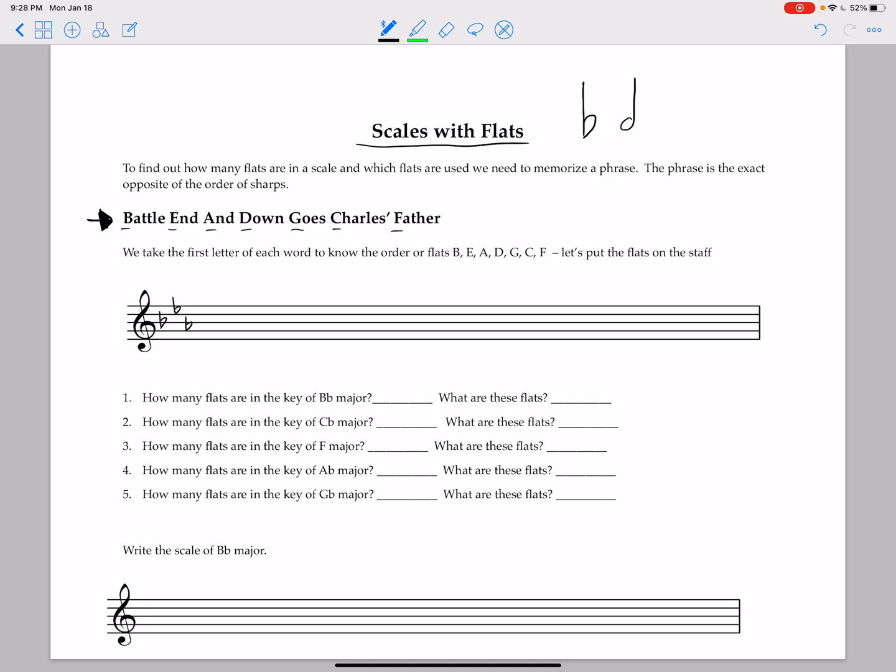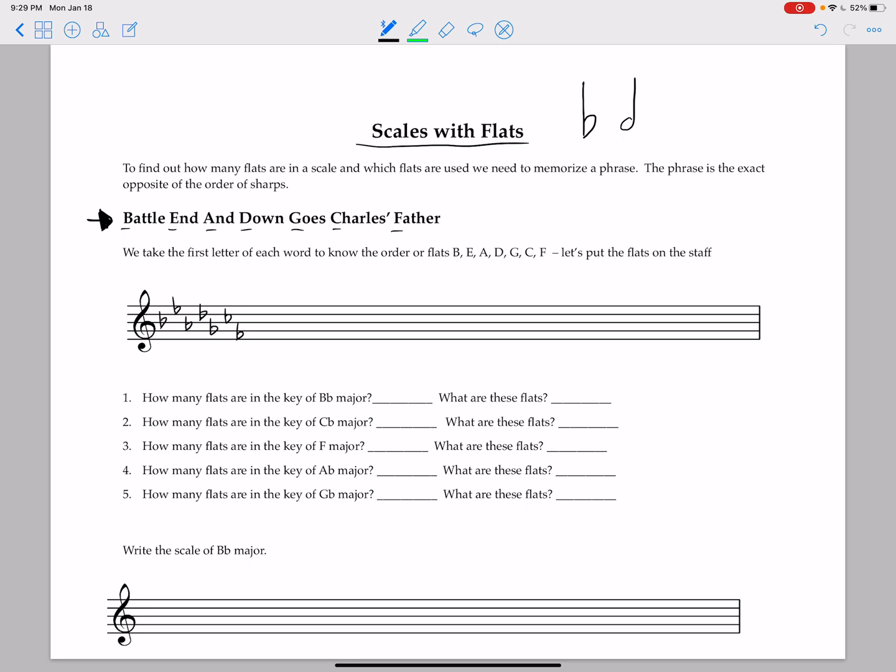Next one is a D, goes right there. Next one, G. Next one is a C. And our last one is an F, so we put our F right down there. And that is the order of flats.